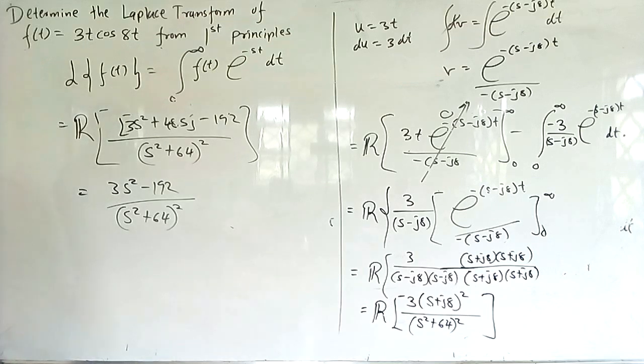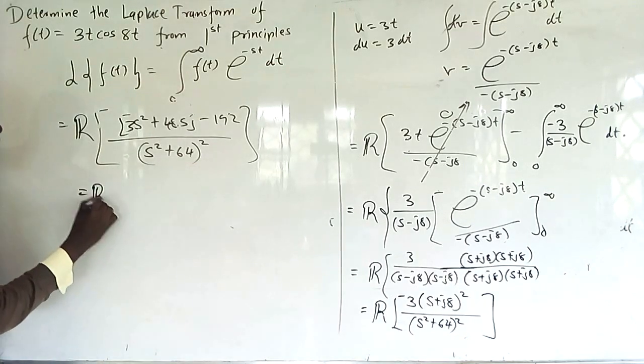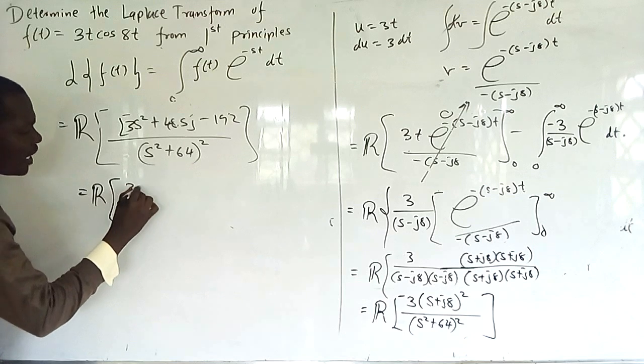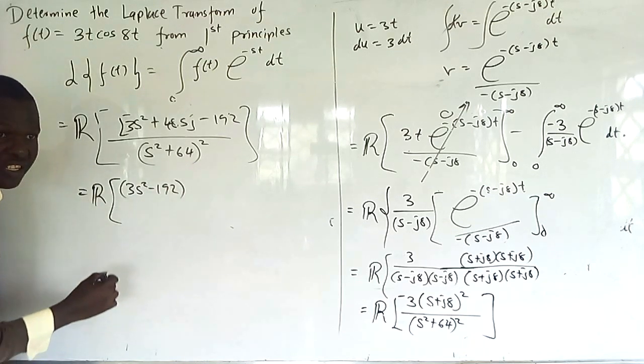And you will find that even with integration by parts, you still get the same thing if you don't use the shift theorem. Are you seeing that? Yes. Can you use what you are comfortable with? What I'm trying to say here is you have the real part, 3s squared minus 192, which does not have j. It forms the real part, isn't it? Yes.